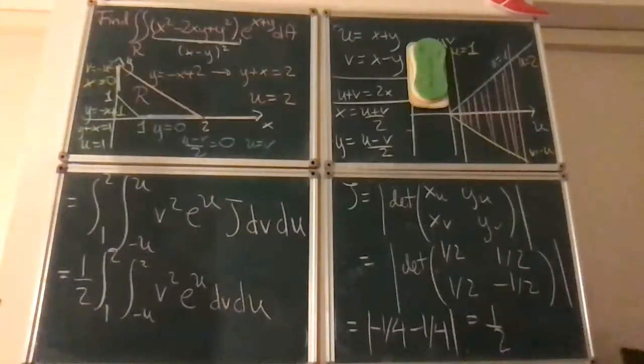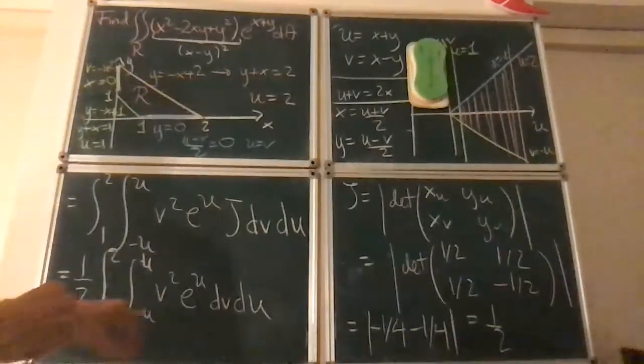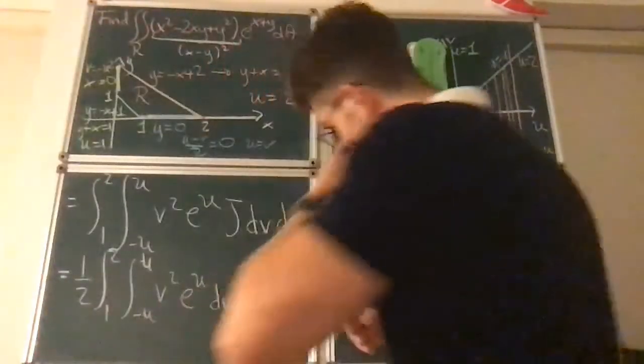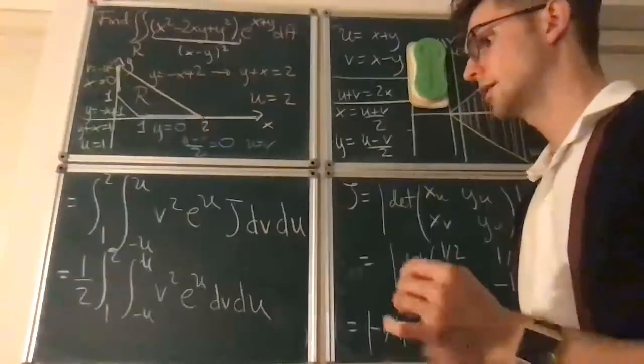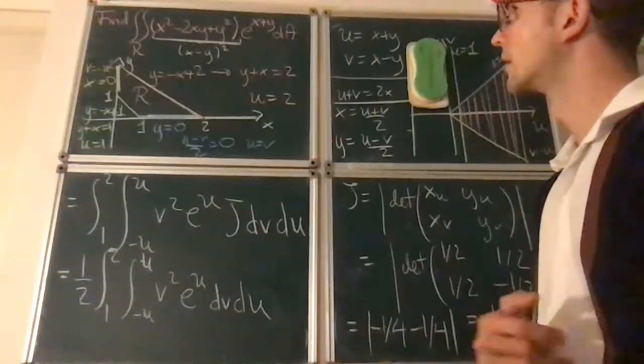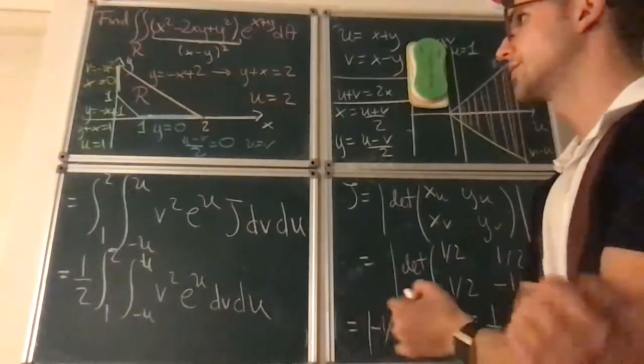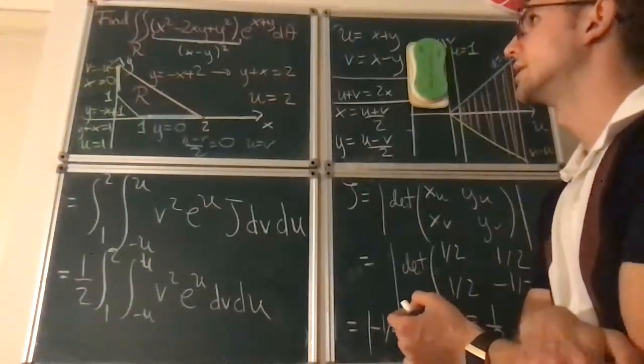And I mean, this is a tedious thing to do, kind of. Not for v. It can be done, it's just kind of annoying because you have to do integration by parts.